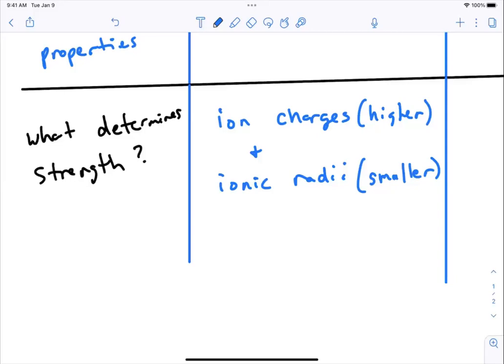Oh, Juan Diego and then Jada. Yes, correct. You want it smaller because you want them closer to each other. Like a higher charge but a larger radius also?